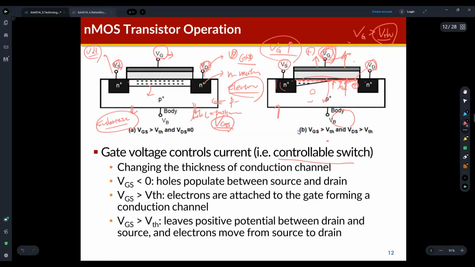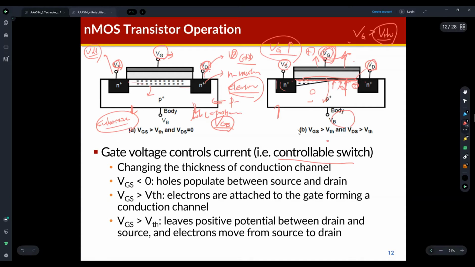If the channel is generated and VS has a higher voltage than the drain part, then the electric charge can pass through from source to drain.